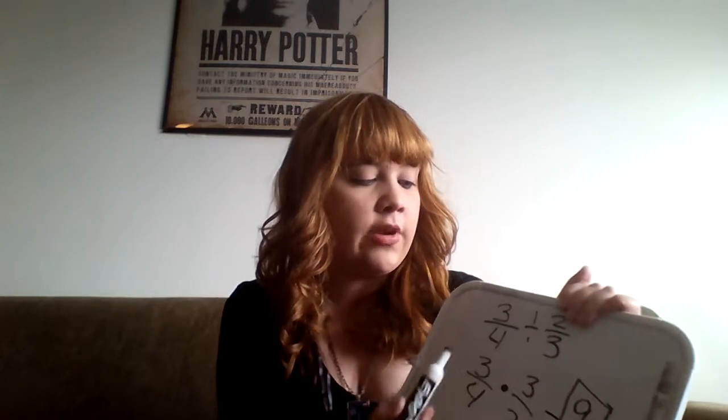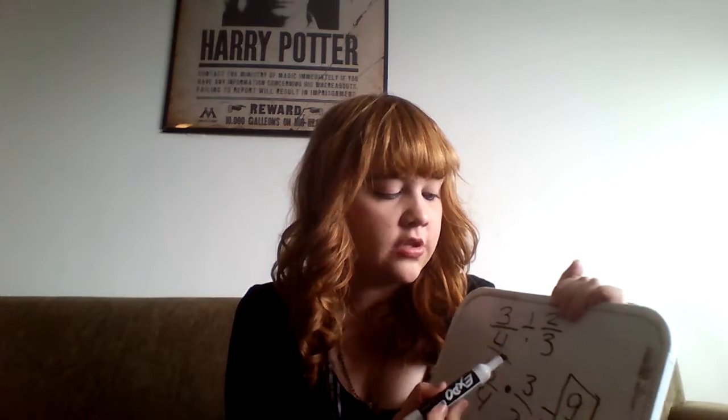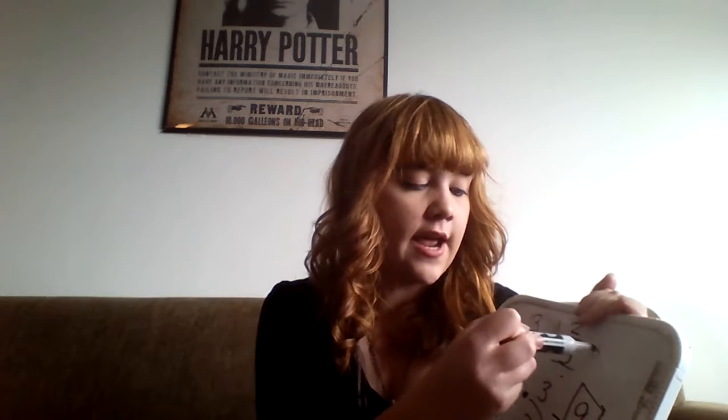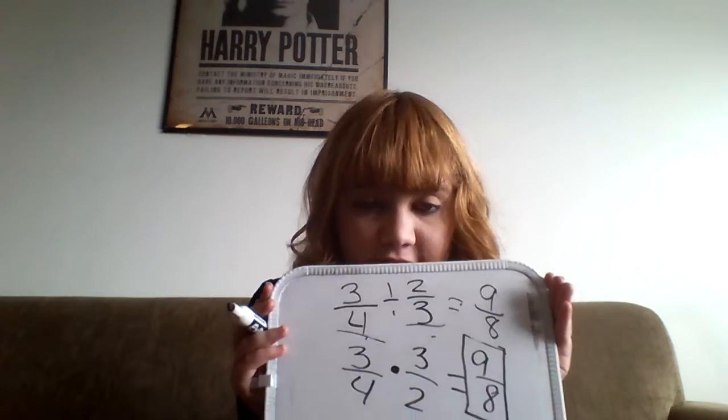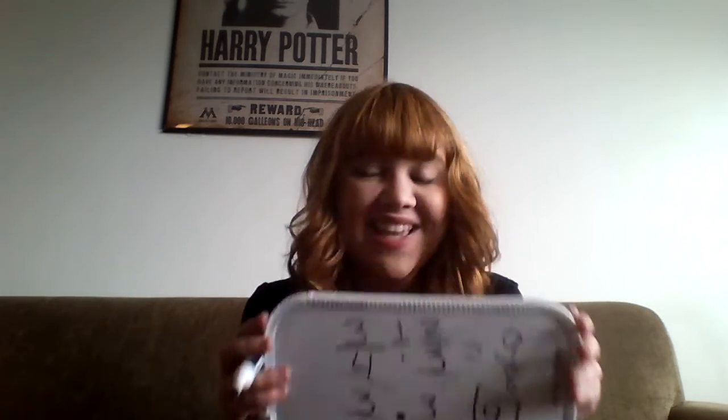So here too, we found 9/8 as the answer. So when we were given our original amount of brownies that it took to feed a certain amount of our class, we can divide that together and find out how many brownies it takes to get our full answer, which was 9/8. That's how many brownies it takes to feed the entire class. Thank you so much.